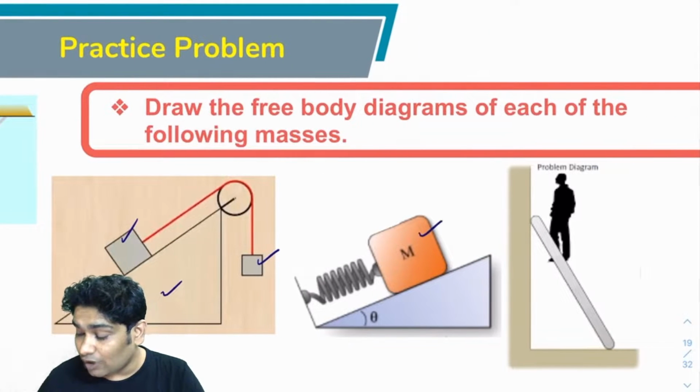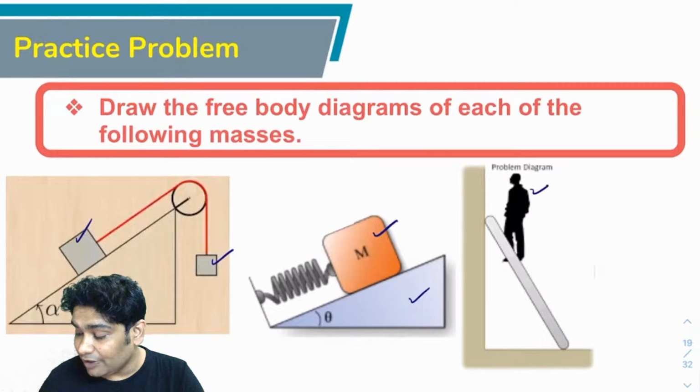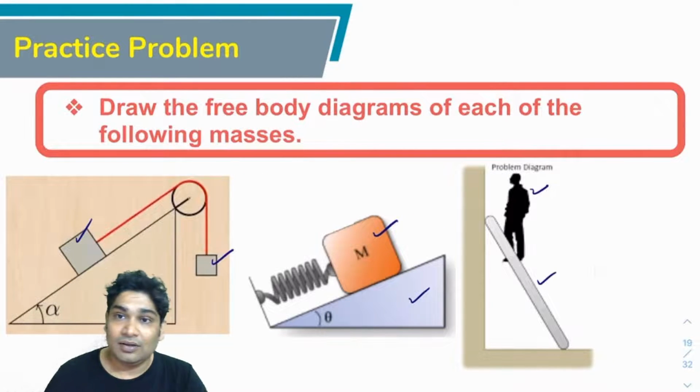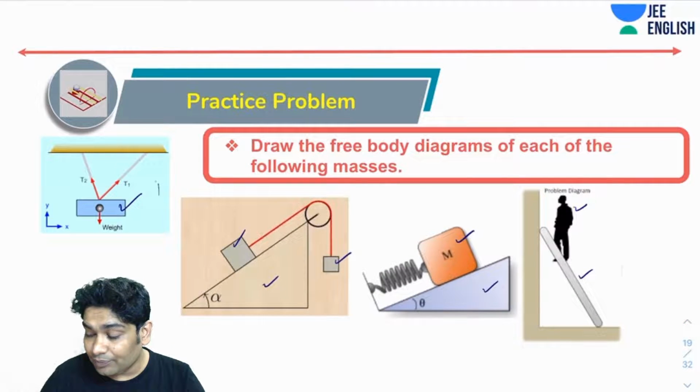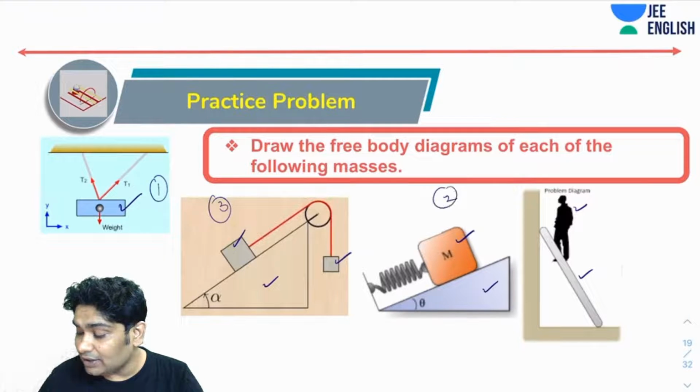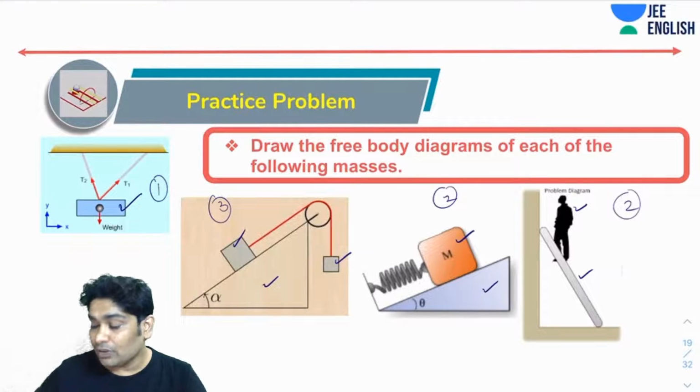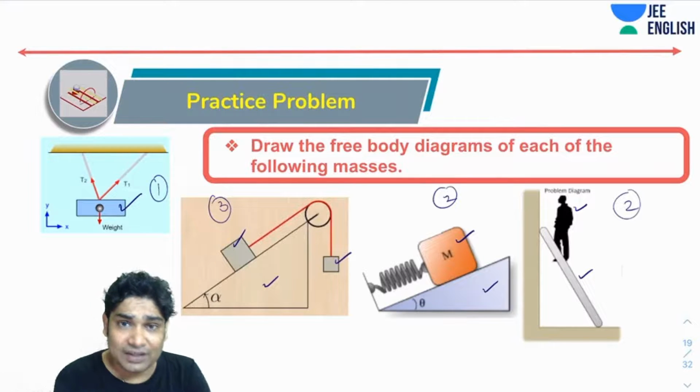In this case, FBD of this, FBD of this. In this case, you have to draw the FBD of the man and this ladder. So essentially, 1 FBD here, 3 FBDs here, 2 FBDs here, and 2 FBDs here. Once you've made all these FBDs, I think you should be sorted with your FBD making.